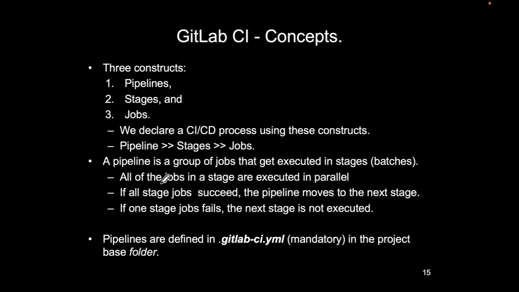Although we won't worry too much about that because in most of our cases a stage will only have one job in it, potentially it can have multiple jobs. But you need to be aware of the fact that those jobs are executed in parallel. So you can't really have dependency relationships between the jobs in a stage.